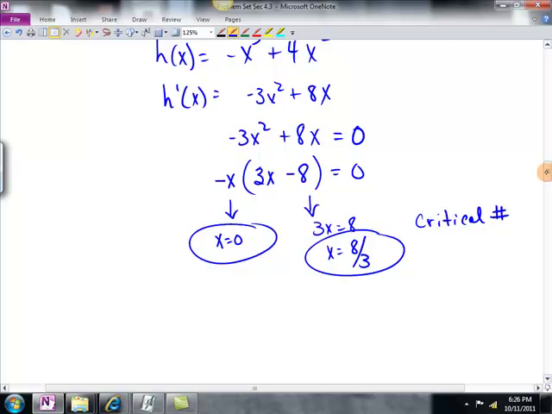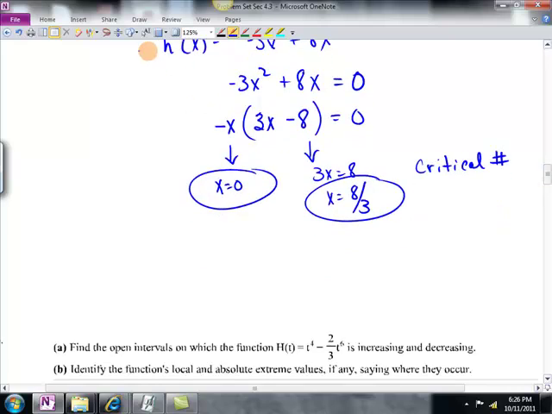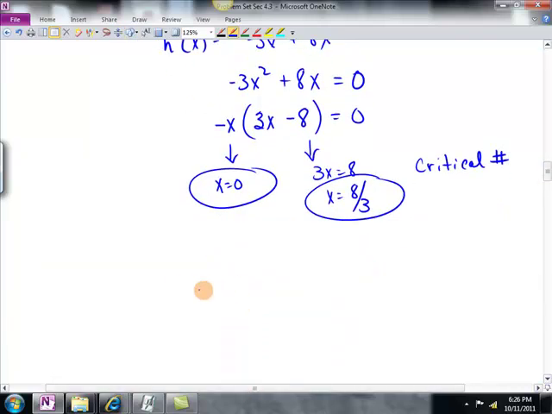So let's do our little chart. So we have a line, x equals 0, x equals 8/3, which is 2 2/3, somewhere around there. Define the intervals. Is it asking for intervals?